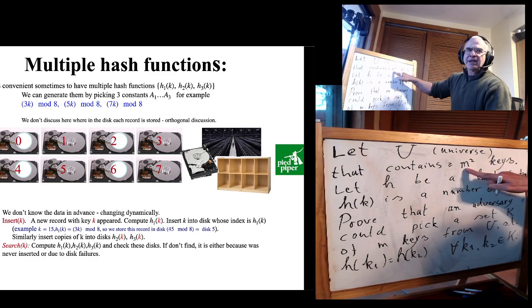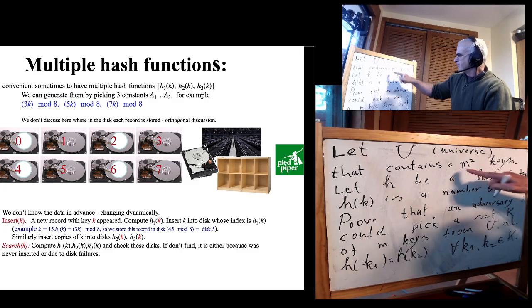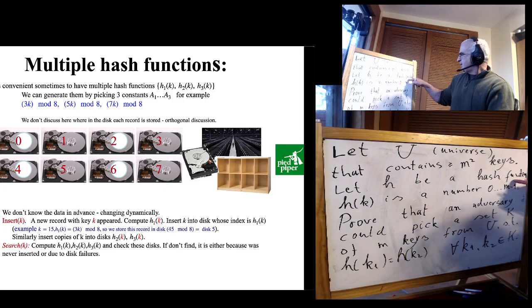M is always the size of the hash table in this chapter. H is any hash function.